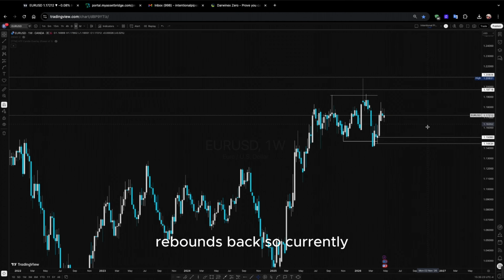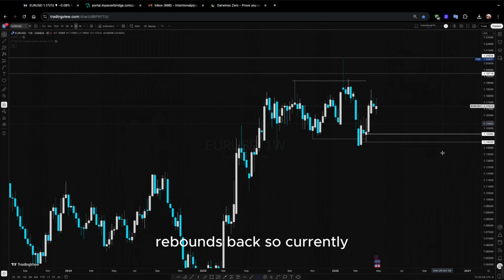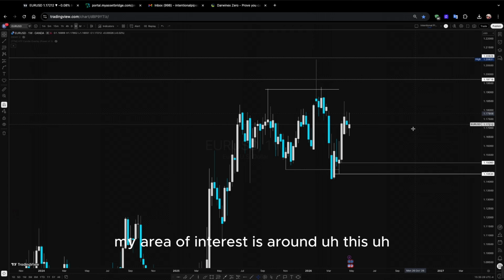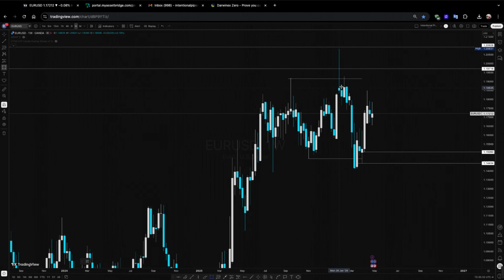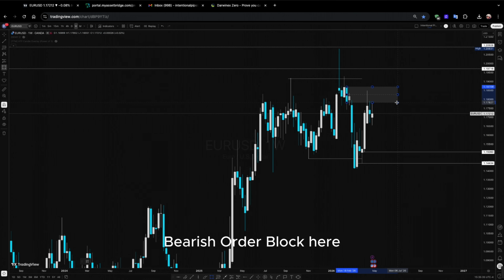and rebounded back. So currently my area of interest is around this bearish order block here.